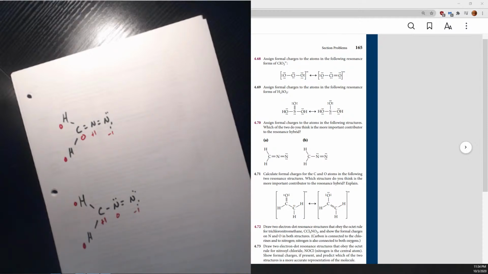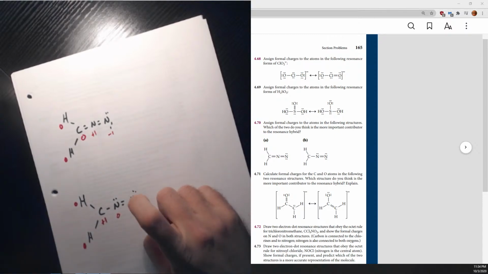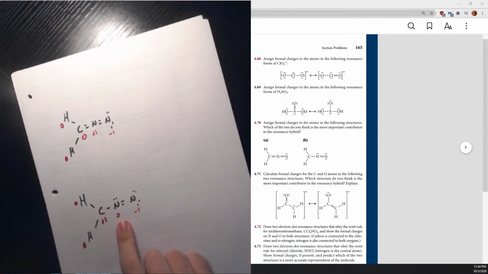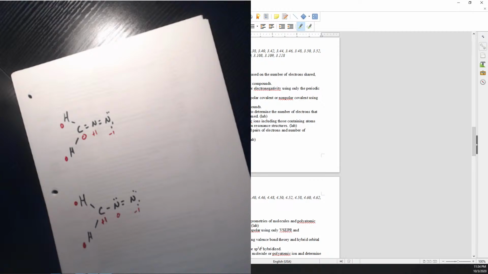So just according to formal charge rules, they don't ask you to judge based on the presence of the stable octet. But just by formal charge rules, this down here is the happier structure because nitrogen is more electronegative than carbon. So you want the positive formal charge on carbon according to formal charge rules. That is wild. That is absolutely wild.